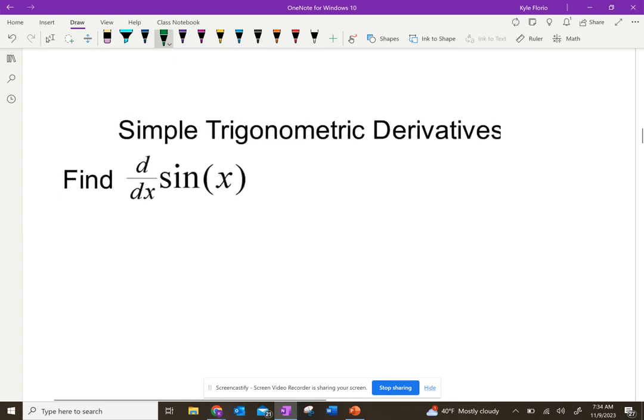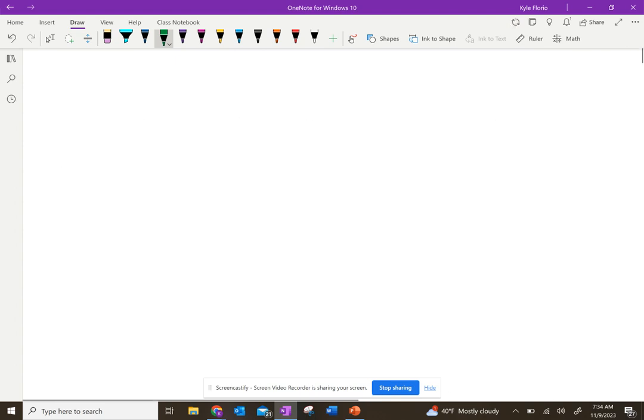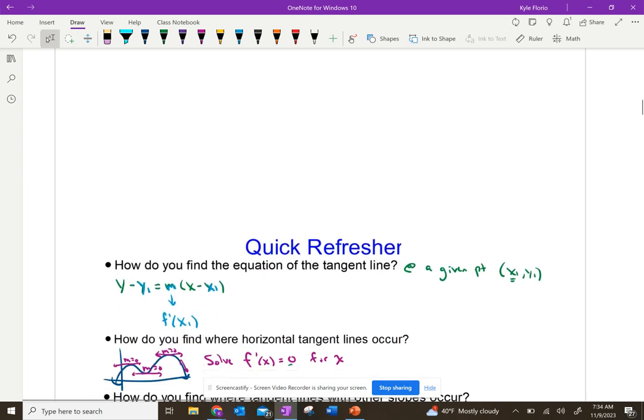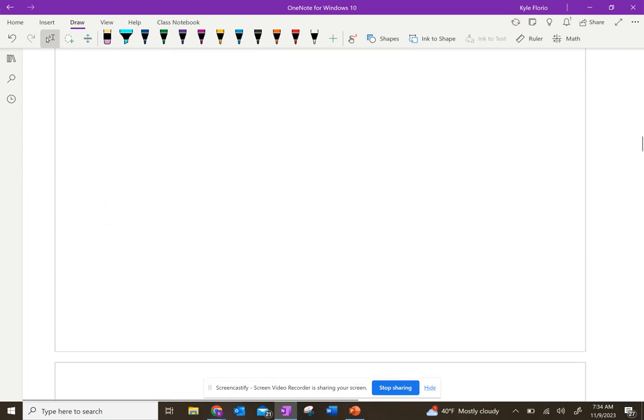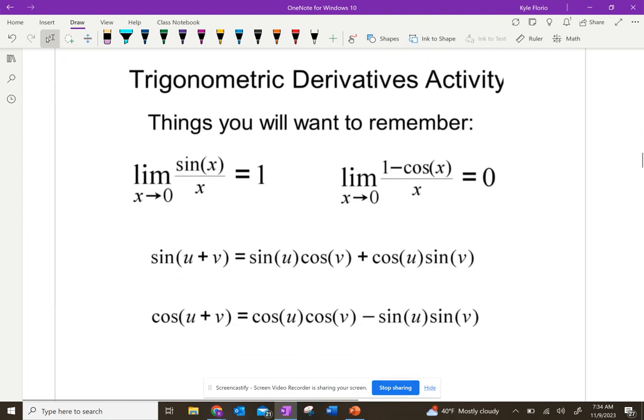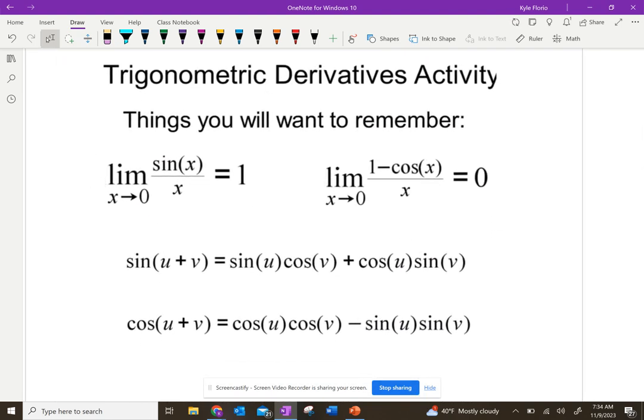All right, so we're trying to find the derivatives of sine and cosine, and I'm not sure if we got to it in class or not. But before we do that, you're going to need some information.